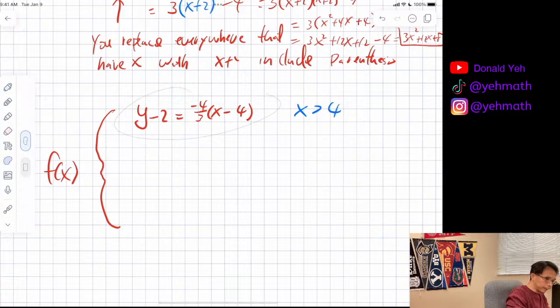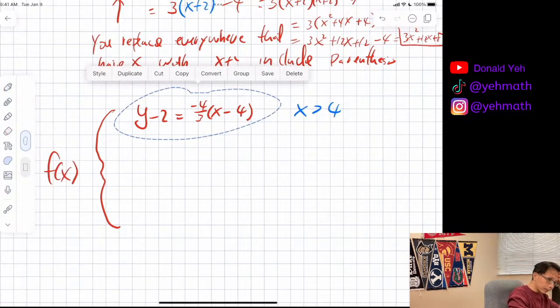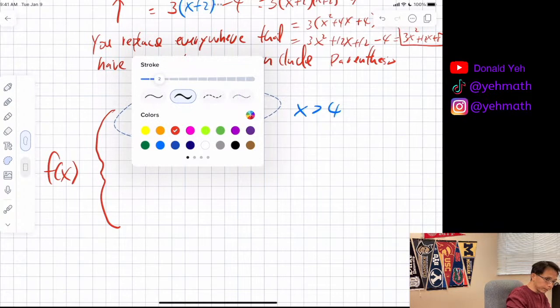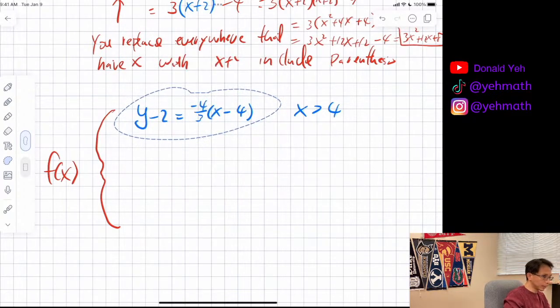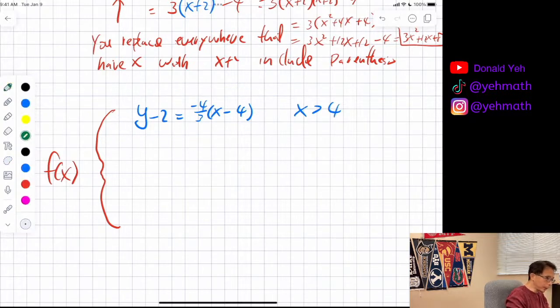Is that okay? So I'm going to use blue to represent a different graph, but it has the restriction. I only graph when x is greater than 4. I don't graph anything less than 4. Is that okay?